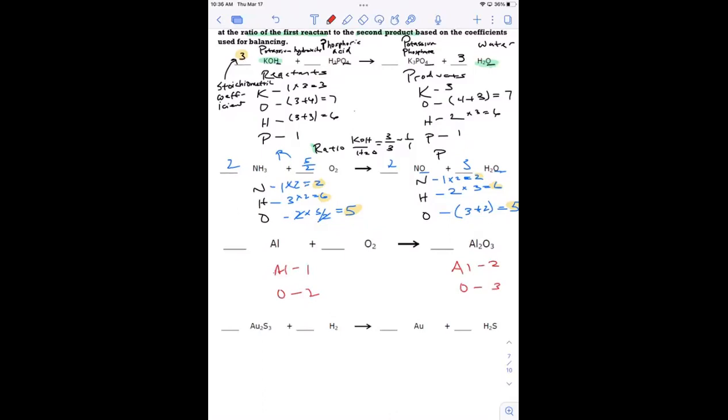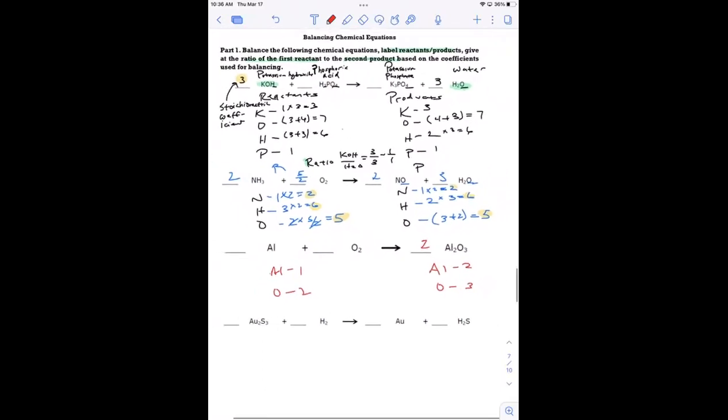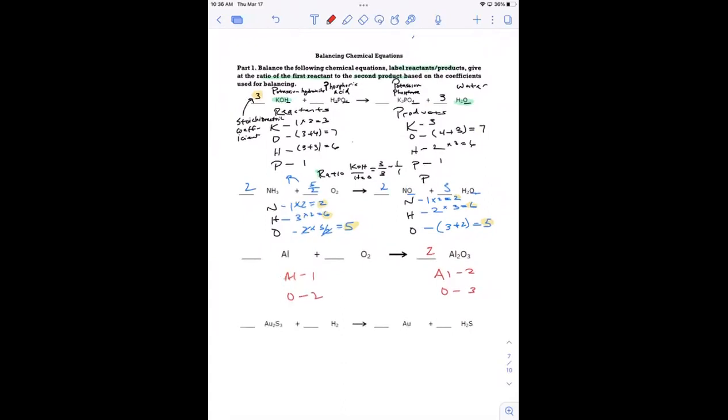All right, let's think about this. What if I put a 2 here? What would that give me? It'll give you 4 aluminums and 6 oxygens. Good. So that'd be times 2.